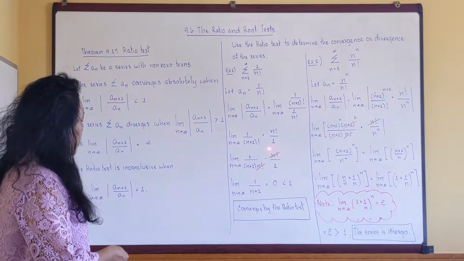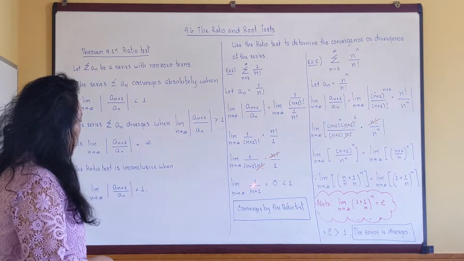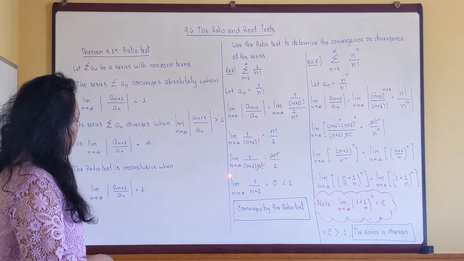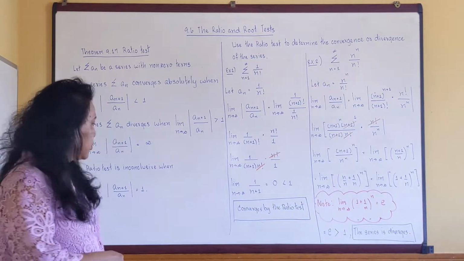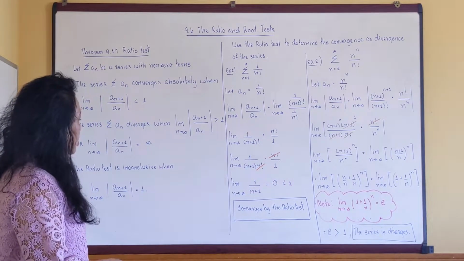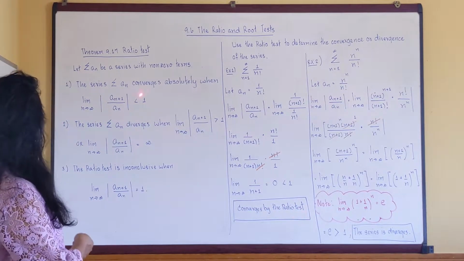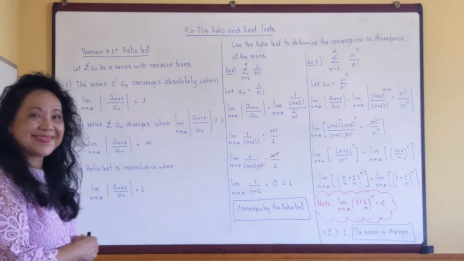I'm left with 1 over n plus 1. When you take the limit as n goes to infinity, you have 0. 0 is less than 1, so it converges by the ratio test, the first condition.